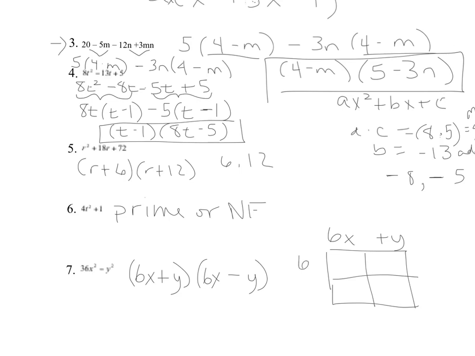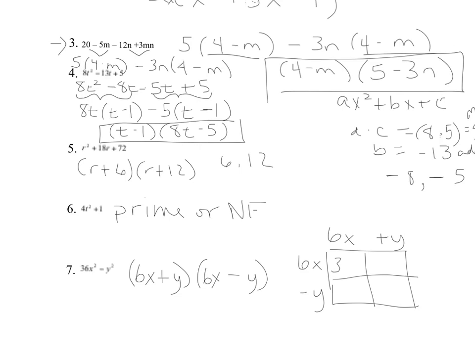So 6x goes to the left of the top left box. And then remember, the sign in front of a number stays with the number. So I'm going to put a negative y at the bottom. I would then multiply these terms together and write the answer in the box where the row and the column intersect. So 6x times 6x goes in this top left box.